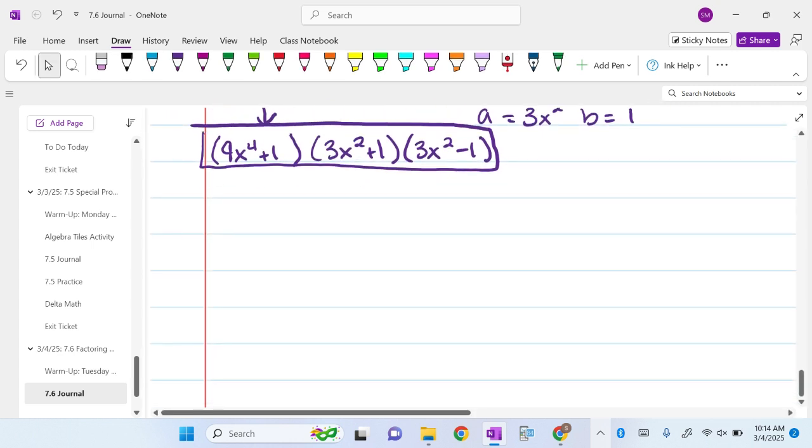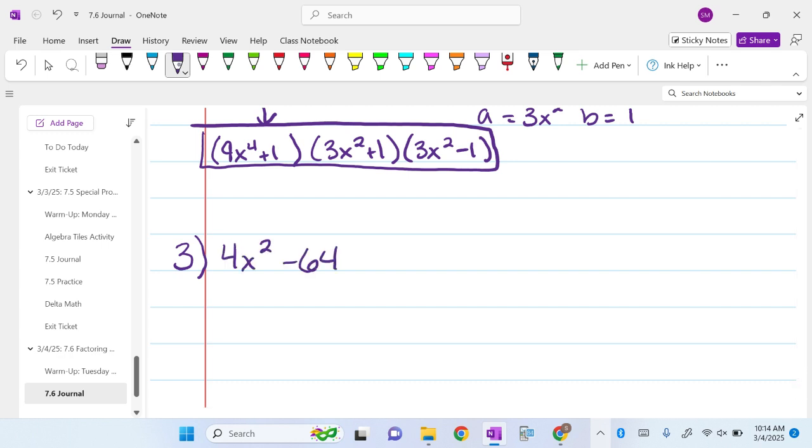All right. Number 3. We got 4x squared minus 64x plus 252. Now, that problem looks ugly because the numbers are huge. However, let me ask you guys this, your first instinct would be to do AC method or big X. Don't do that just yet.